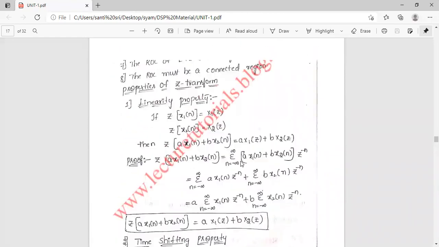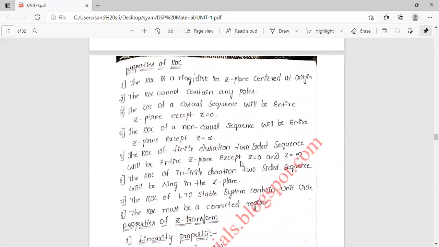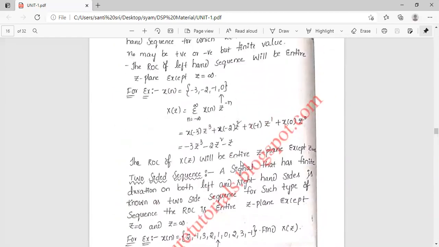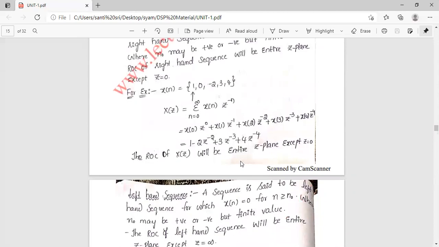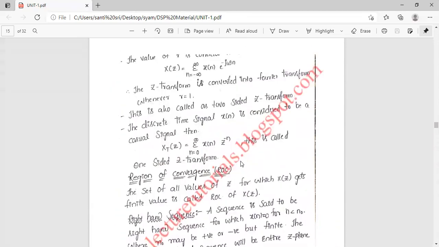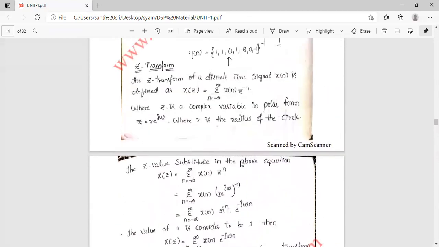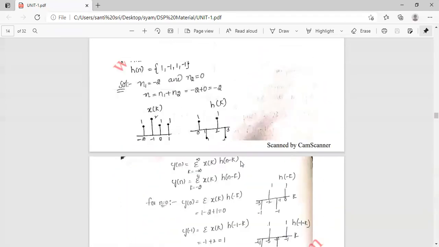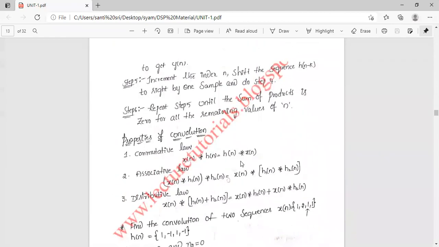Time shifting property, linearity property, all are aware of these things from your signals and systems subject. These are all the topics involved in unit 1.